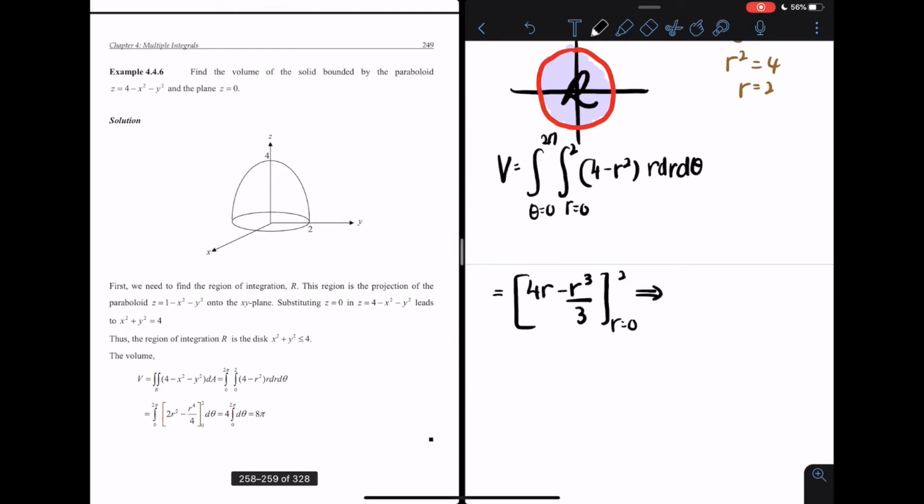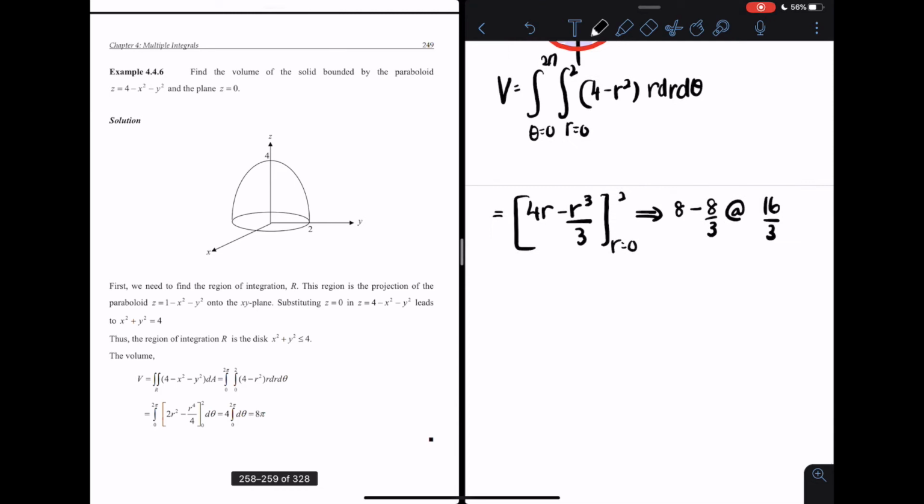I will get 4 times 2, 8 minus 2 cubed, which is 8 over 3, which is equivalent to 16 over 3. And then integrate 16 over 3 with respect to theta for theta is equal to 0 until 2 pi.